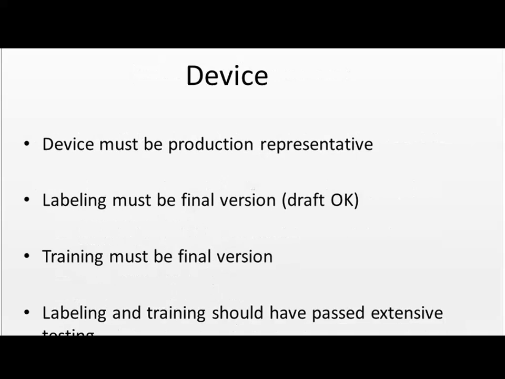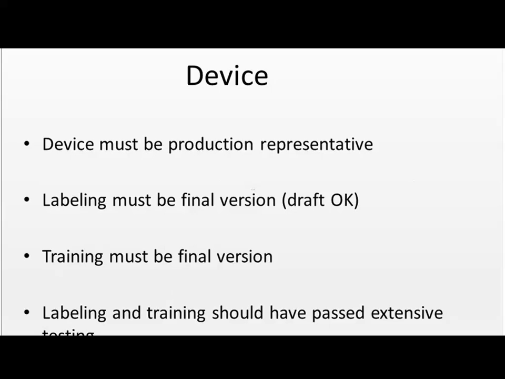Now, device must be production representative. The labeling must be the final version. Drafts are okay. It doesn't have to be fancy 4-color manuals, but it has to be the final version.